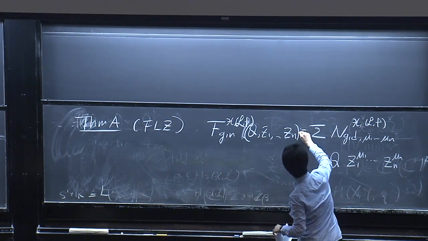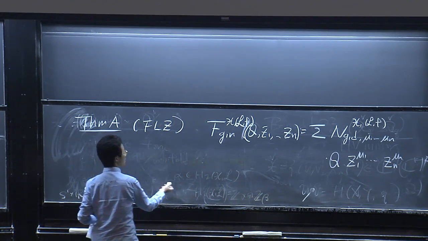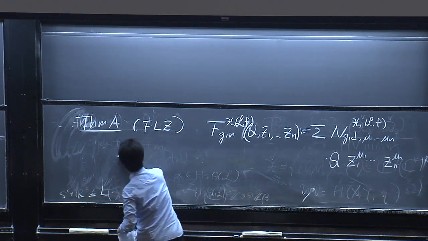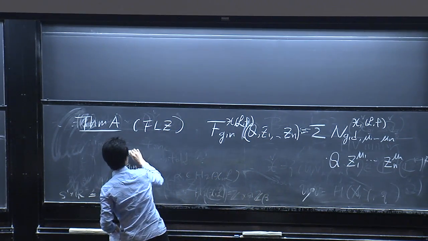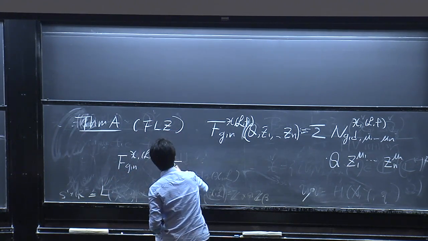So this is the generating function of all genus open invariants. This is the definition, and the theorem is that this has a graph sum formula.